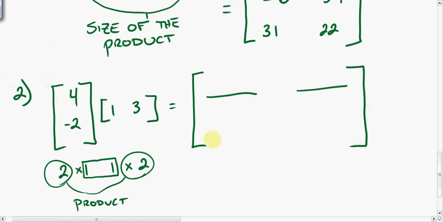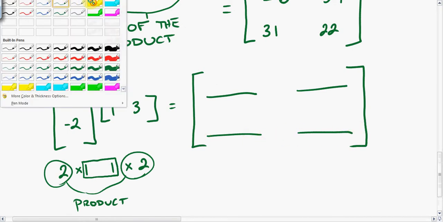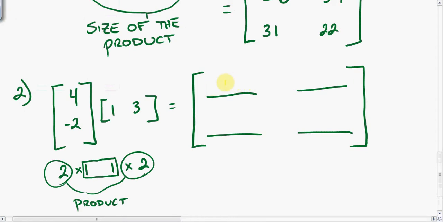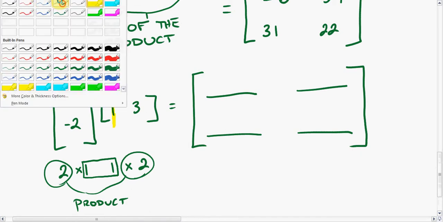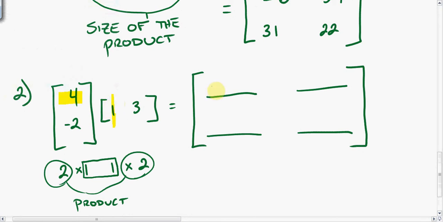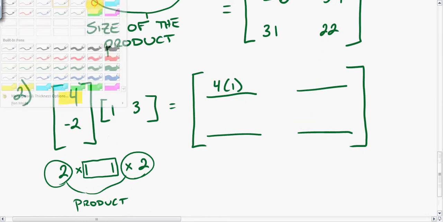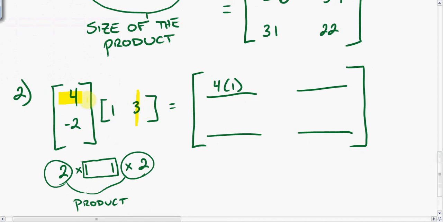Again, we've got 4 different spots. I first want to find this location, first row, first column. In this case, it's simply 4 times 1. Now I want to find first row, second column, which gives me 4 times 3.